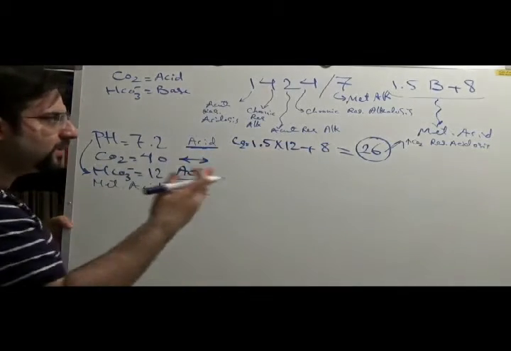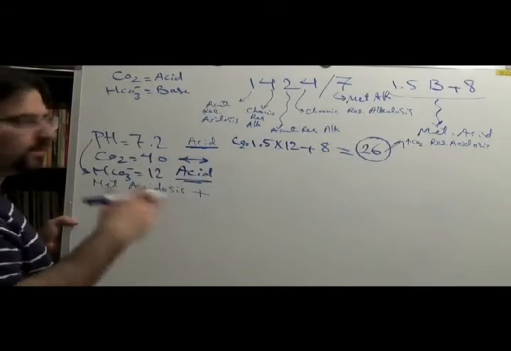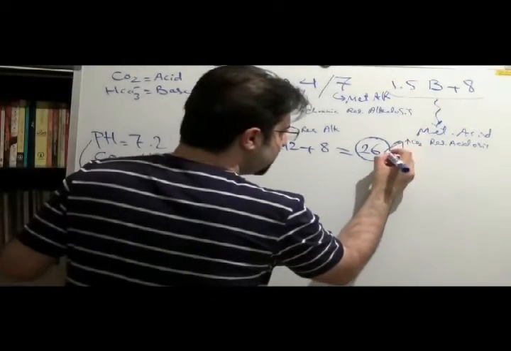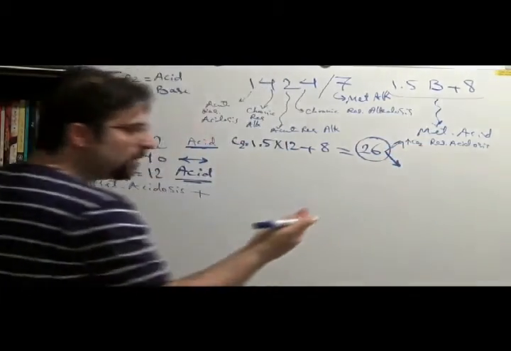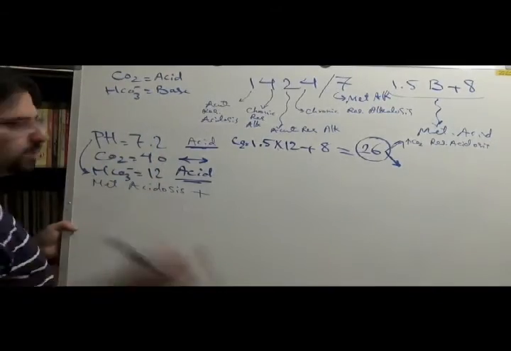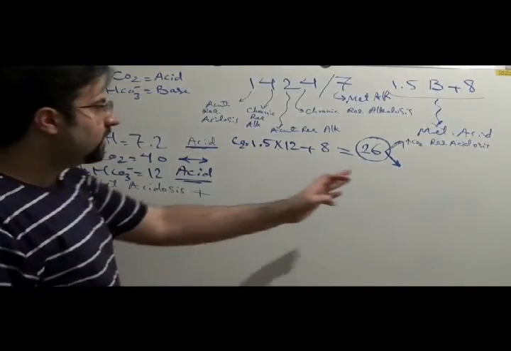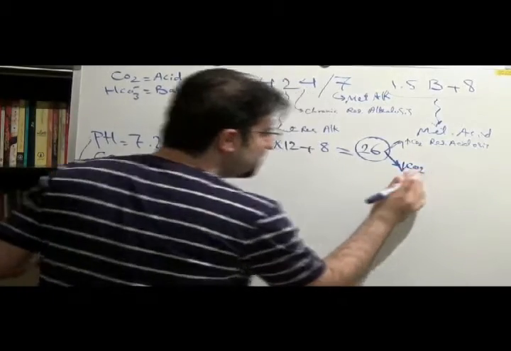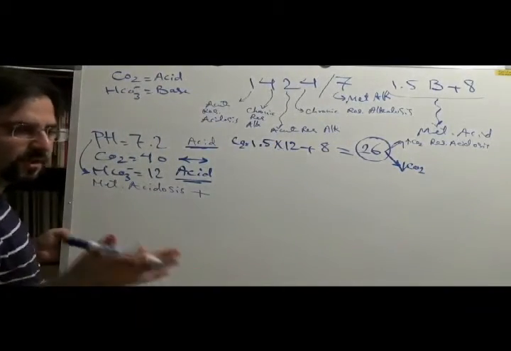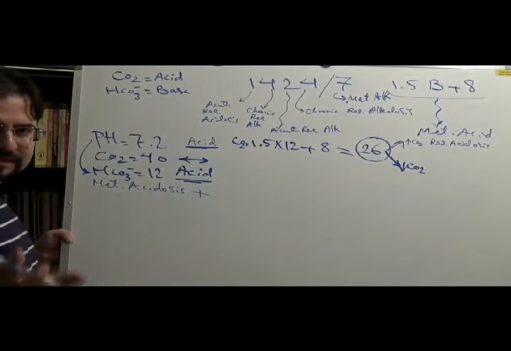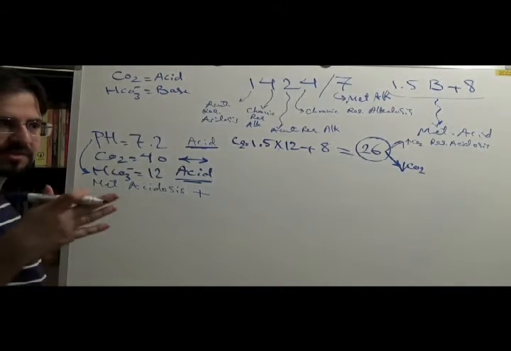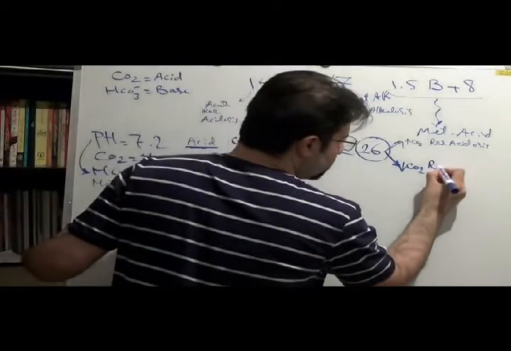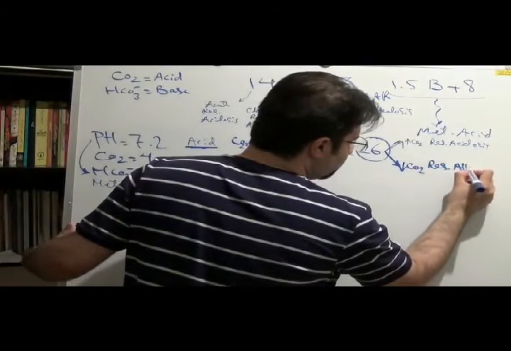More acid in the respiratory system equals respiratory acidosis. If it is less than 26, for example 15, 10, whatever, it means less CO2, less acid. What does it mean? It means basic situation, it means alkalosis, so respiratory alkalosis.